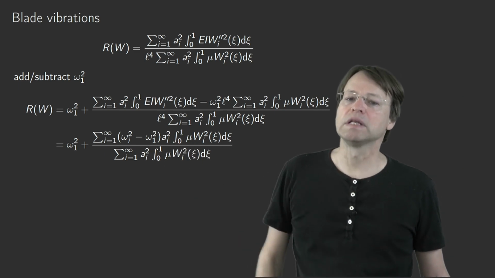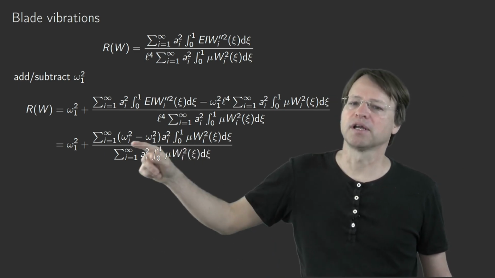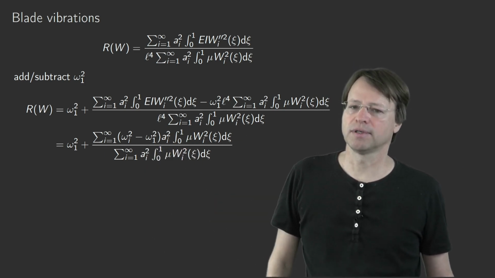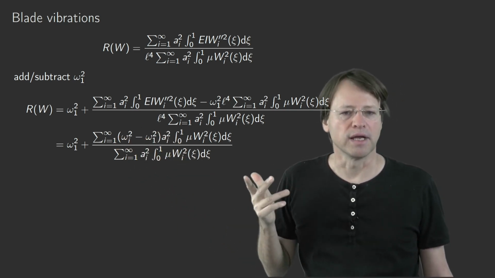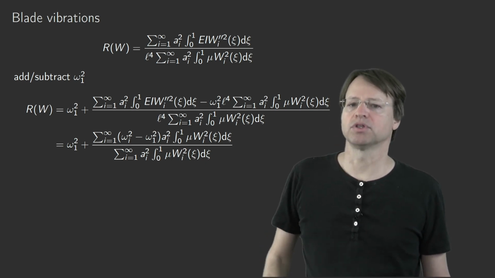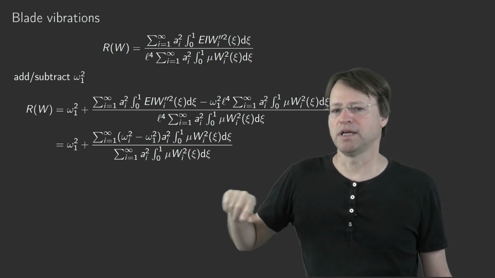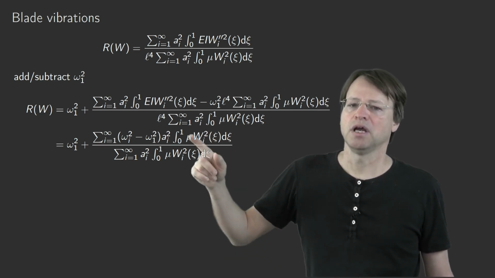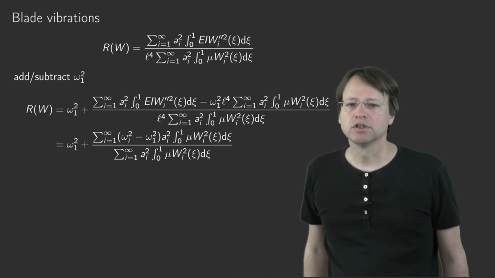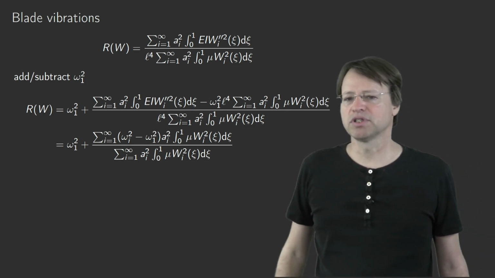And omega 1 is the lowest natural frequency. The omega i's are higher natural frequencies. Therefore, this factor is positive. But all the other factors must be positive, because A_i is squared here and there, and W_i is also squared, and μ is a positive factor. So the whole thing must be positive.